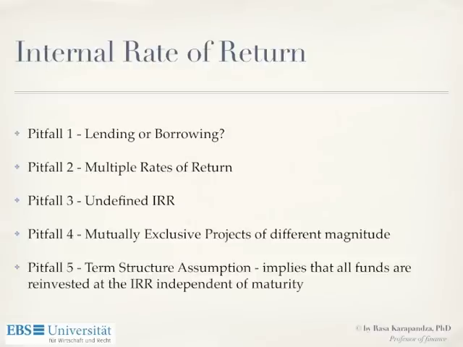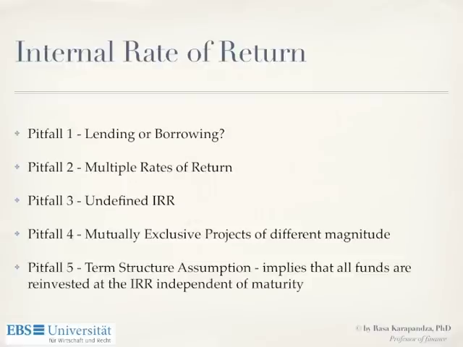The third problem, undefined internal rate of return, we said this is not really a problem, because the internal rate of return is not defined only for strictly positive cash flow streams, so when there is no investment. Everybody loves these cash flow streams, so you are not really faced with this problem in real life.